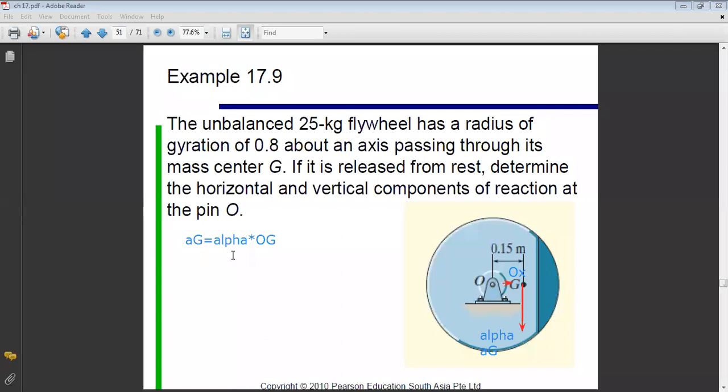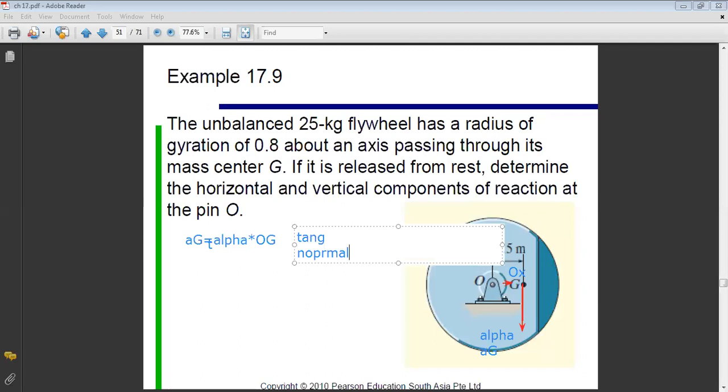Yes, it is doing only rotation. But we said acceleration is always decomposed into tangential and normal. This AG is which acceleration? So this one is the tangential. This is the tangential acceleration, AG tangential. So please pay attention. You should always take into consideration tangential and normal.